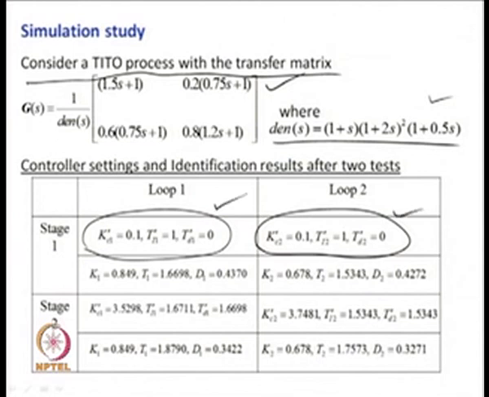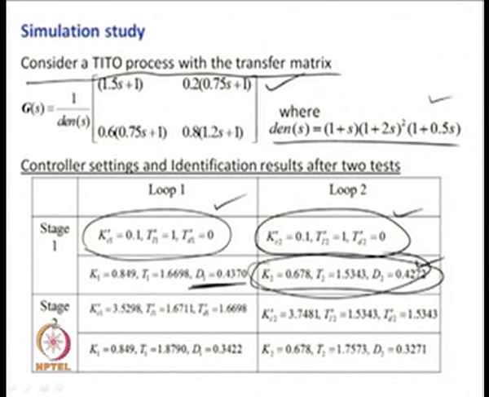With these two controller settings, a relay experiment is conducted, and the dynamic model parameters are found to be k1 is equal to 0.849, T1 is equal to 1.6698, and d1 is equal to this much. Similarly, for the second loop, the second SISO process model parameters are obtained as this. Now, another stage of relay experiment is conducted with these PID controller settings.